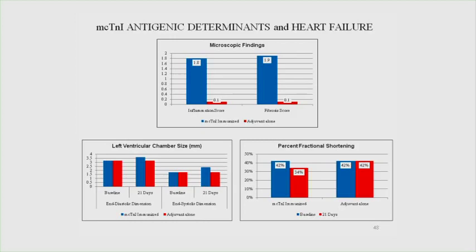If we look at inflammation and fibrosis in the animals that receive T cells activated against troponin I, there's a lot more tissue damage, they have larger hearts, they have lower ejection fraction, poor survival. So immunizing a mouse to troponin I will initiate an immune response that will damage its heart.